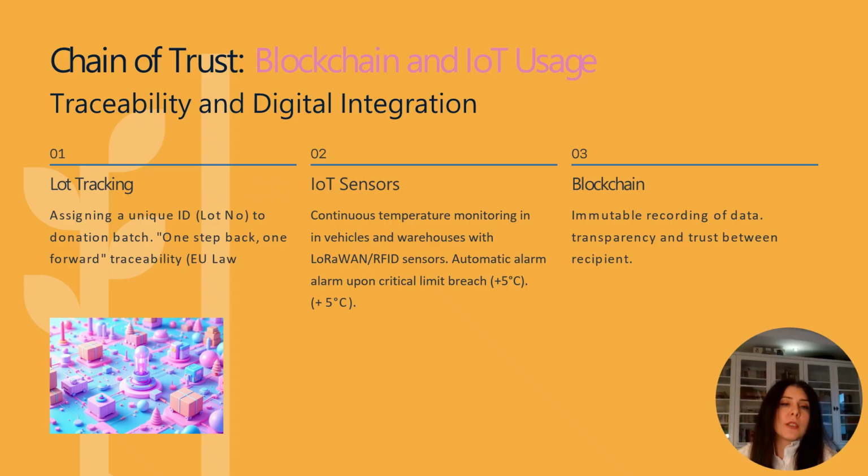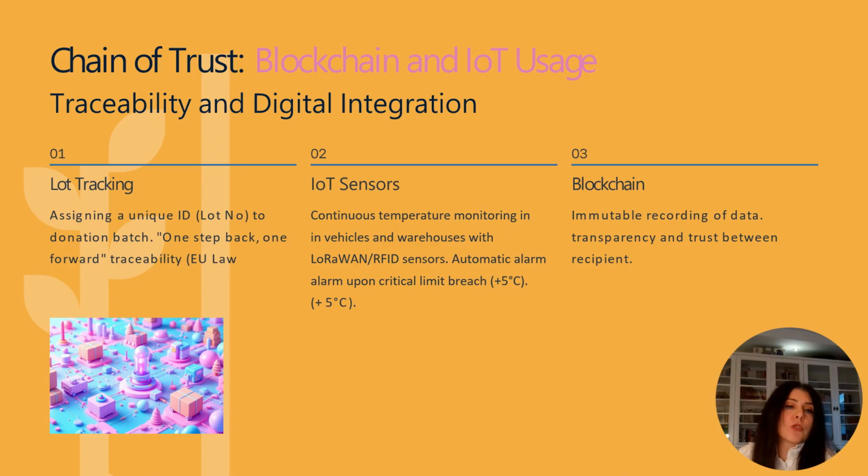In food safety, the word trust is not an emotional bond, it's technical proof. In a poisoning case, you cannot say we were doing a good deed. Article 18 of the EU General Food Law mandates one step back, one step forward traceability. You cannot do this with paper forms. A unique lot number assigned to every donation batch is the ID of that product.